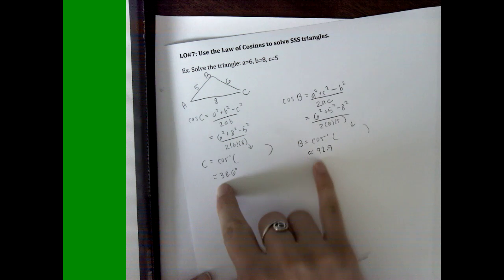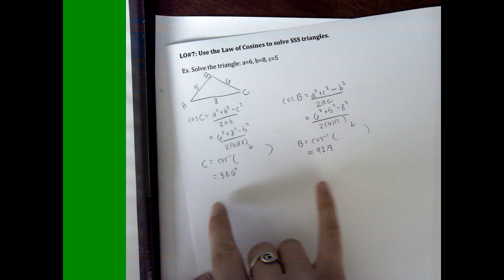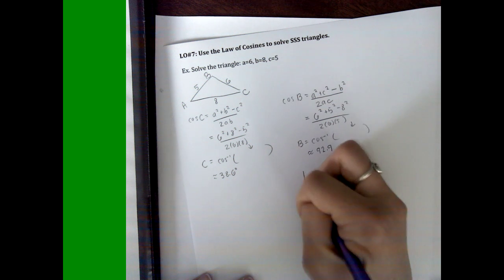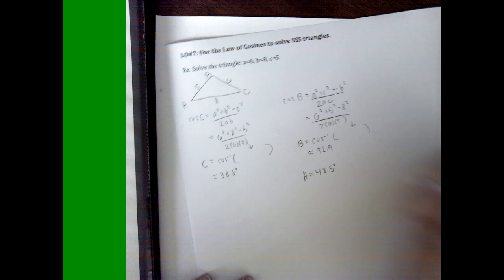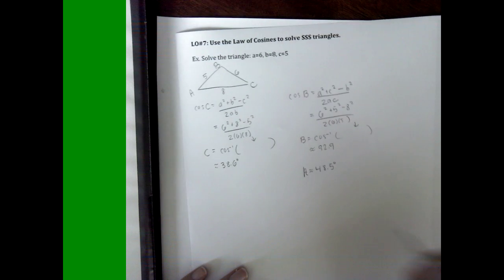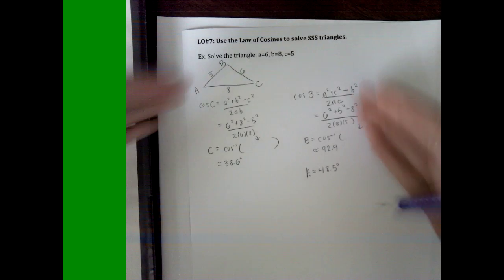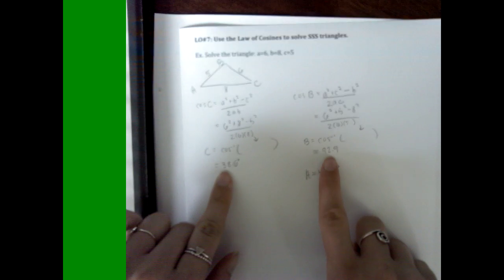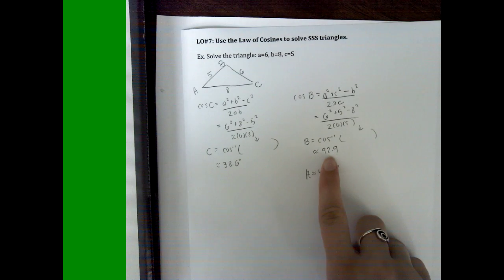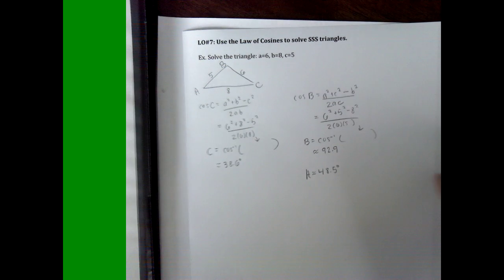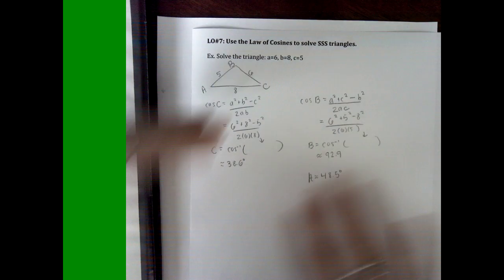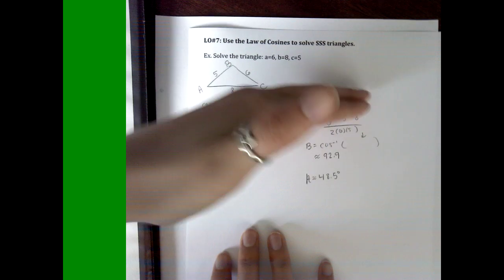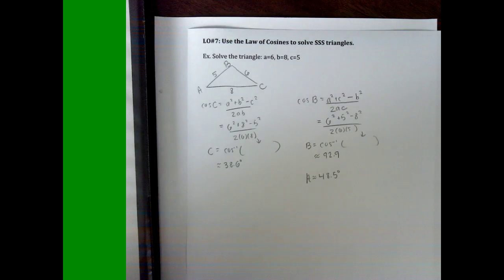And if I know two angles, I can find my third angle. So then A, right, they have to all add up to 180 degrees. So if you use law of cosines, you don't have to worry about finding the biggest one or the smallest one first, like you did with law of sines. But to be clear, you could have started with cosines and then done sines. It does not matter. And that's how you do it.